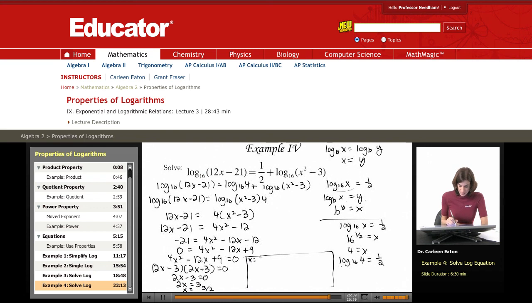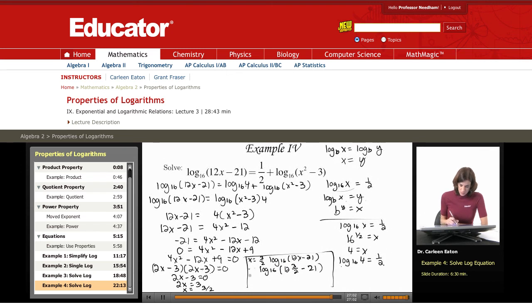Let's let x equal 3/2, and we're going to insert that into log base 16 of 12x minus 21. So log base 16, 12 times 3/2 minus 21.